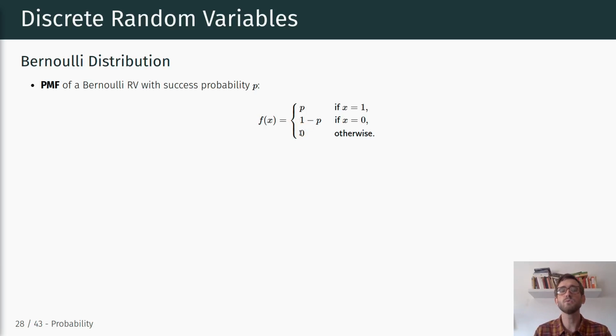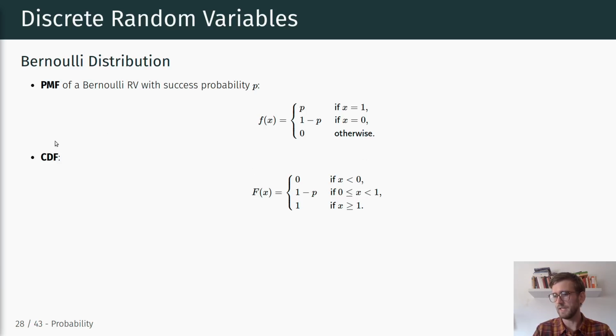So there are just two separate outcomes, heads or tails, with the probabilities of p and 1 minus p, right? And so f of x, or the probability mass function of this Bernoulli trial, is then defined for those two separate outcomes as p and 1 minus p, right?